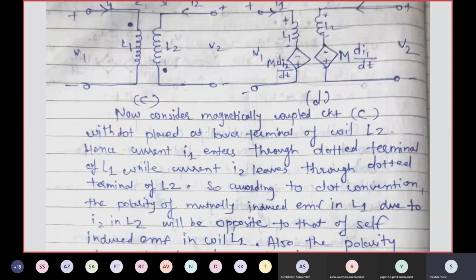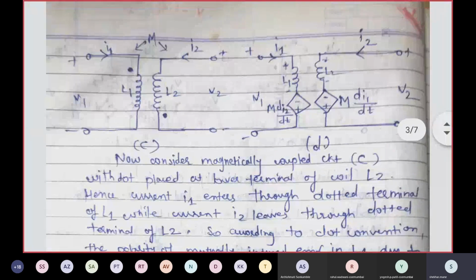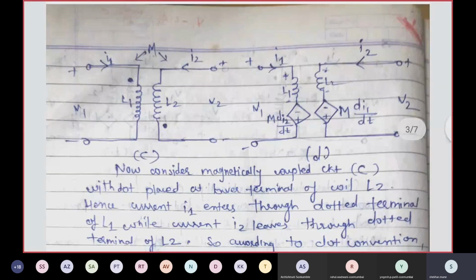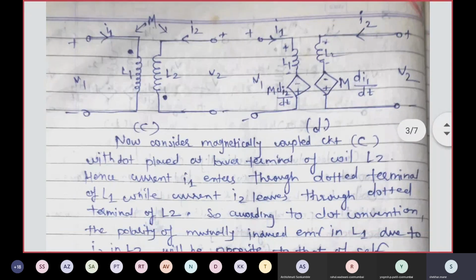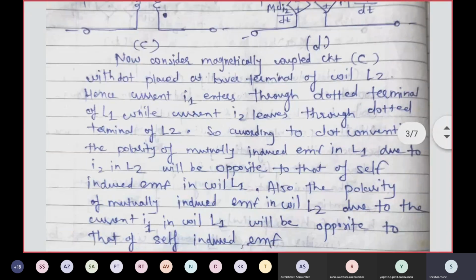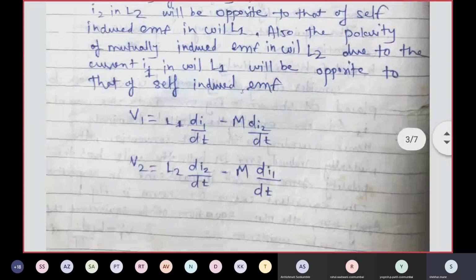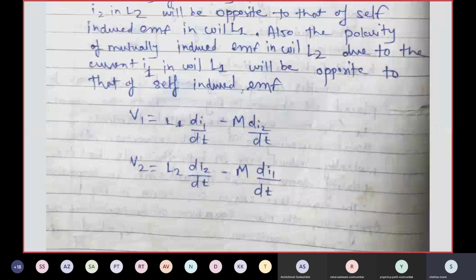So you can see in this D diagram the mutually induced EMF has the opposite polarity to that of self-induced EMF. So that's why the expression of V1 is L1 di1 by dt minus M di2 by dt, and in case of D part, V2 is equal to L2 di2 by dt minus M di1 by dt.